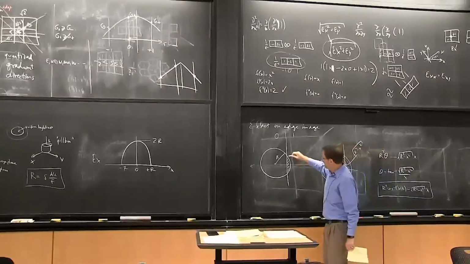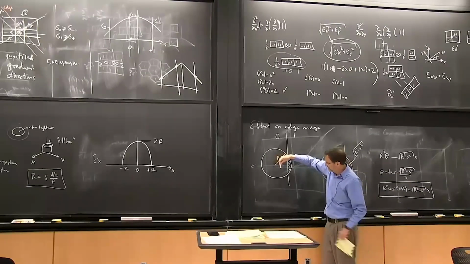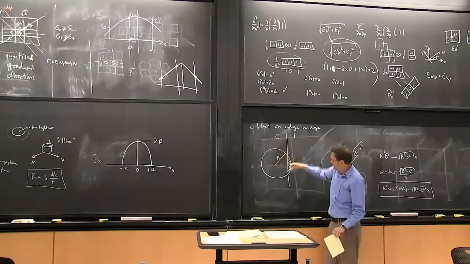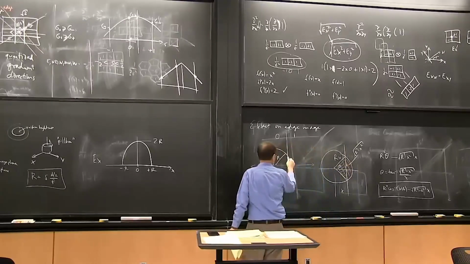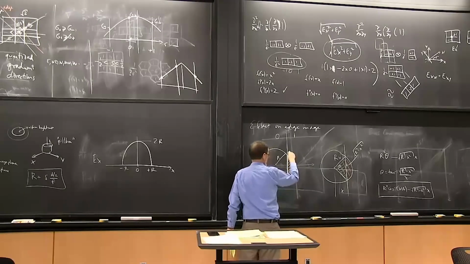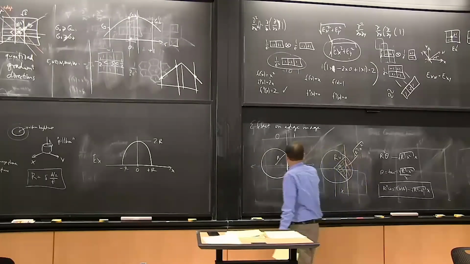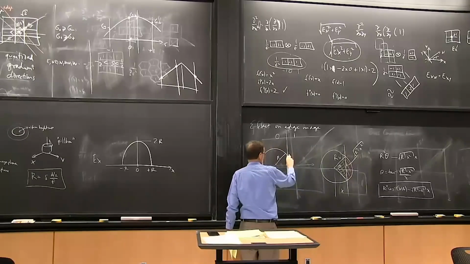Well, if you think about it, when I move this edge of the circle, I am adding or subtracting an infinitesimal area that has a height equal to this quantity, or in other words, just twice the height of the circle there.